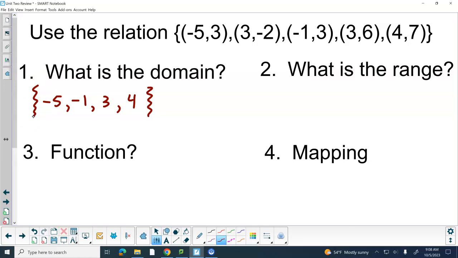So we have the squiggles or the braces. I think they're called braces. Those curly type things that I can't draw. What is the range? The range is the outputs or the y values. -2, 3, 6, and 7.